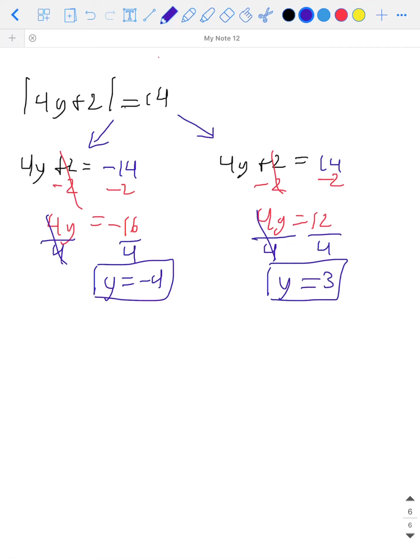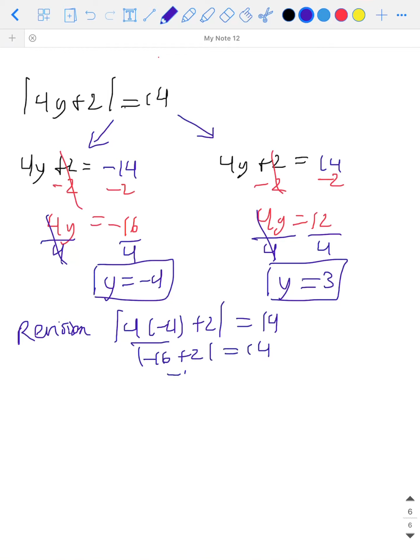You can test out that these values are actually true by revising that their numerical values are indeed true. 4 times negative 4 plus 2 should yield 14. That is negative 16 plus 2, which is negative 14, and then taking the absolute value will give us 14 is equal to 14, which is a true statement.